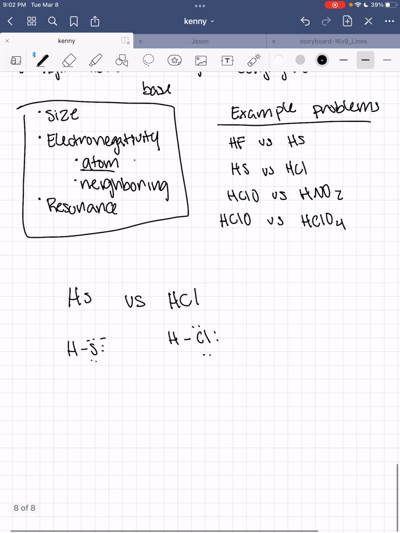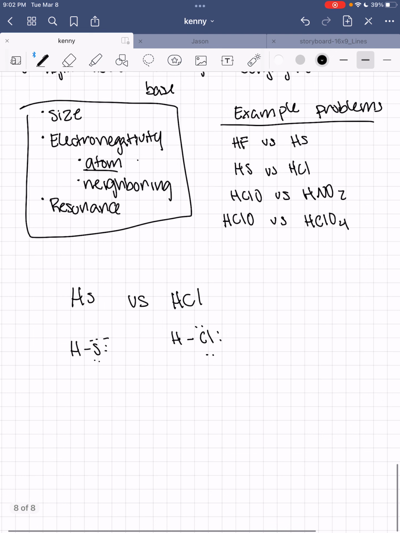So these 2, sulfur and chlorine, are in the same period, meaning the size difference is pretty negligible and you can just ignore it. So instead of looking at size, you need to look at the electronegativity of sulfur and chlorine and compare them.